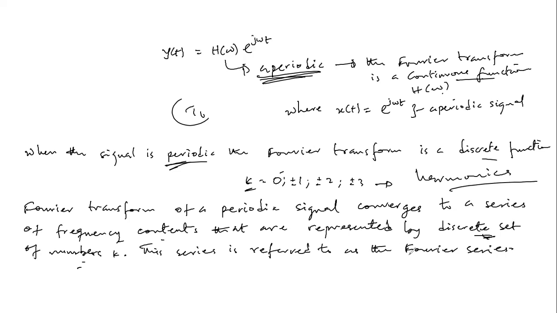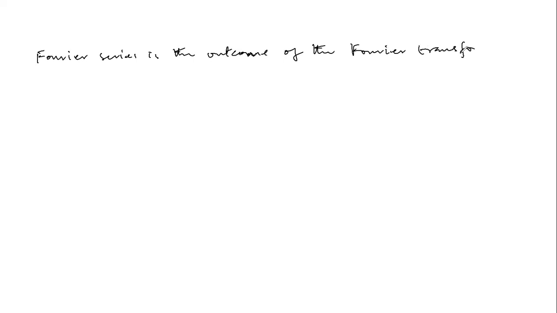And then all we can talk about is Fourier series. So Fourier series is therefore the outcome of the Fourier transform of periodic signals.